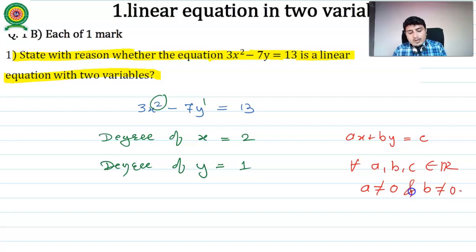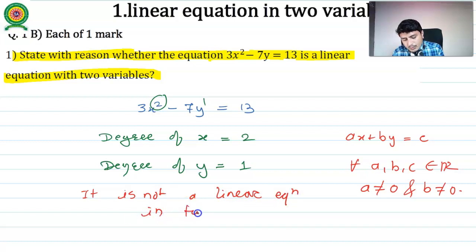So once the degrees of each variable are 1 and 1 only, then we can say that the given equation is a linear equation. Once it has two variables, then it is a linear equation in two variables. So here there are two variables, no doubt, but once the degree of variable x becomes 2, that's why it is not a linear equation in two variables.